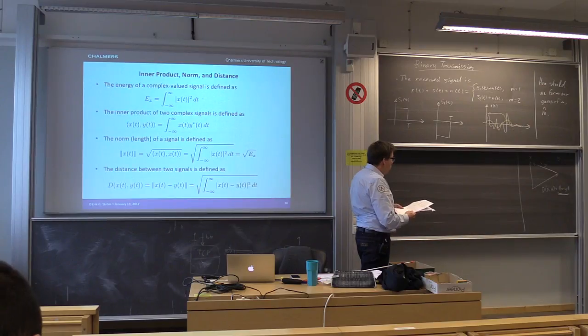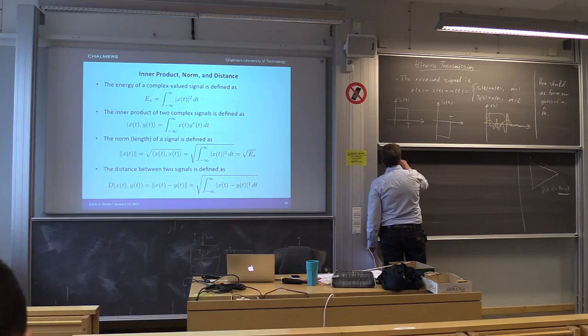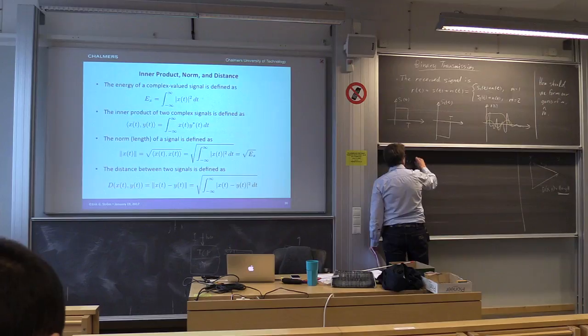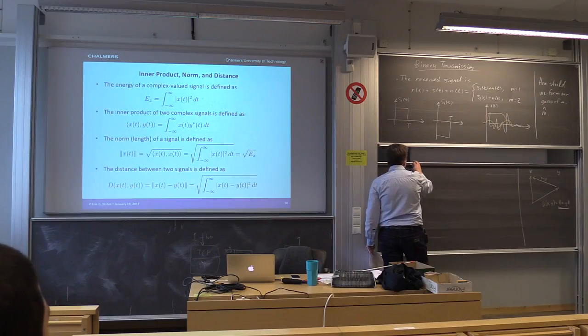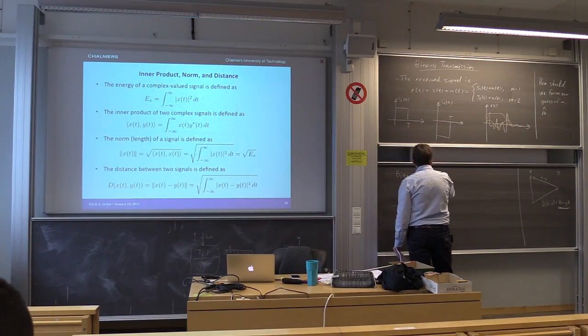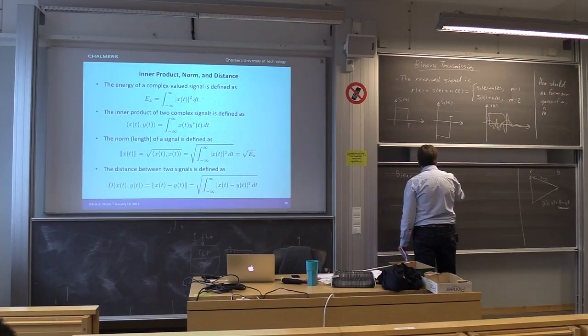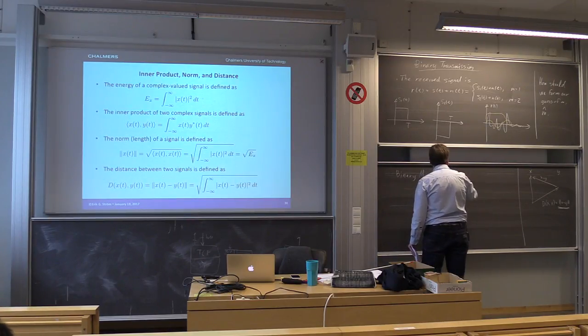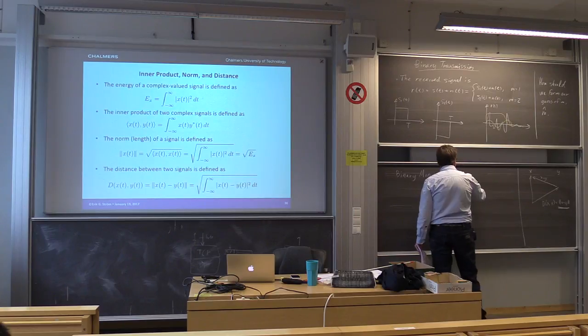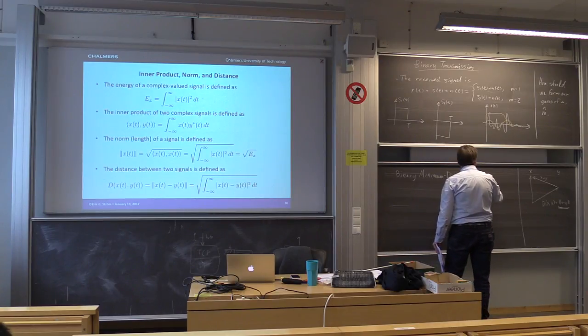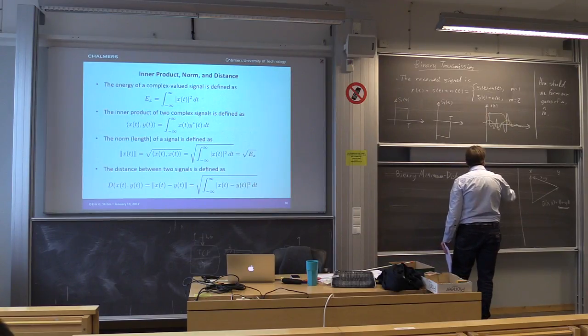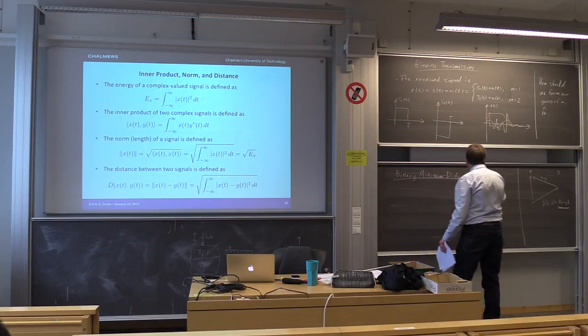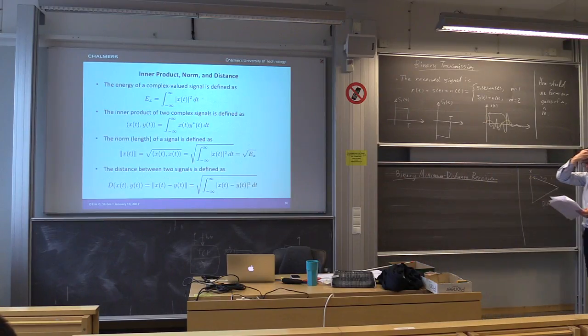Okay, so the binary minimum distance receiver works as follows.